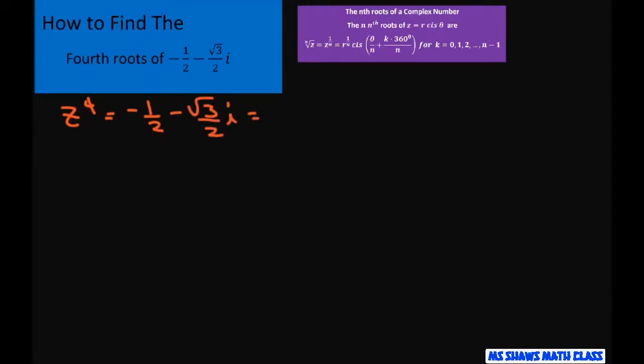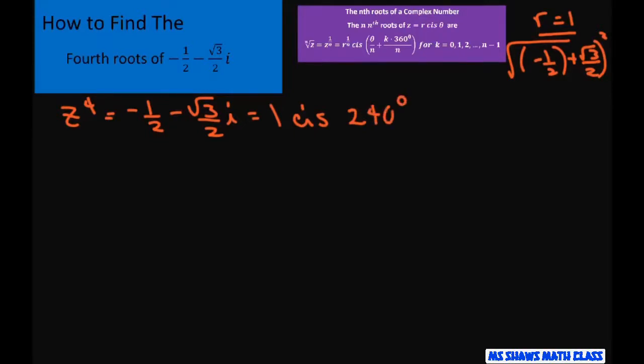And our r is 1, because the square root of negative 1/2 squared plus square root of 3 divided by 2 squared is going to give you 1. So we're going to have 1 cis of 240 degrees.